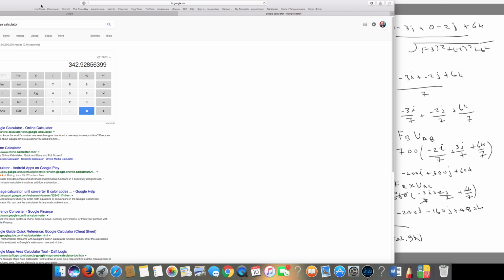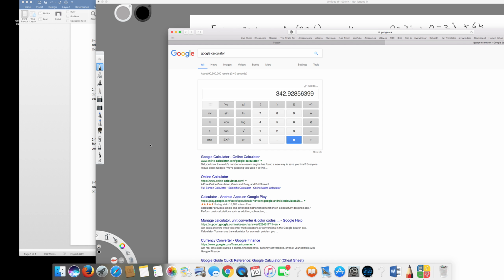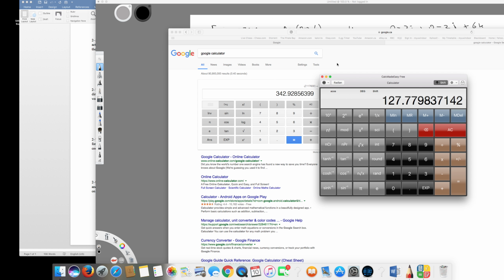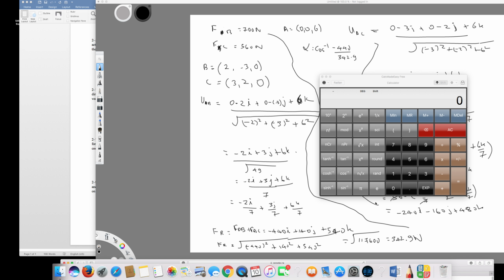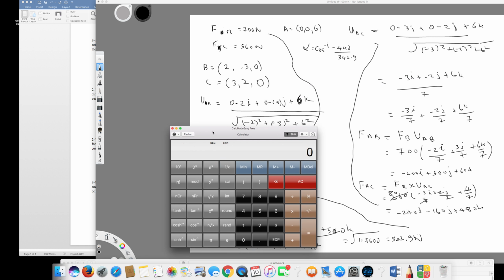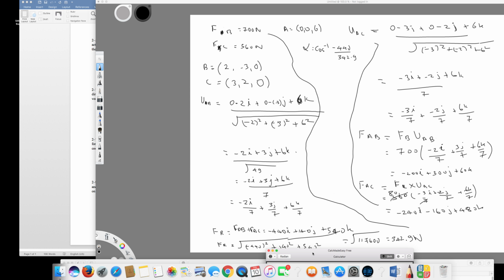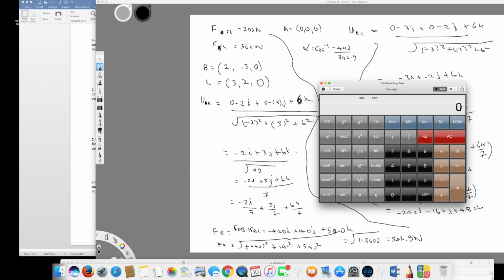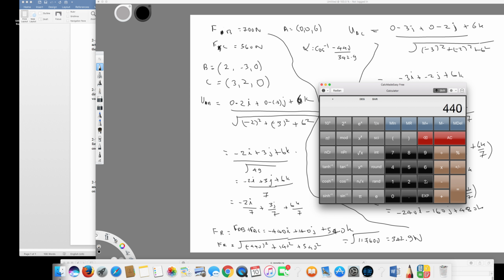So if I use this calculator, minus 440 divided by 342.9, cos inverse.